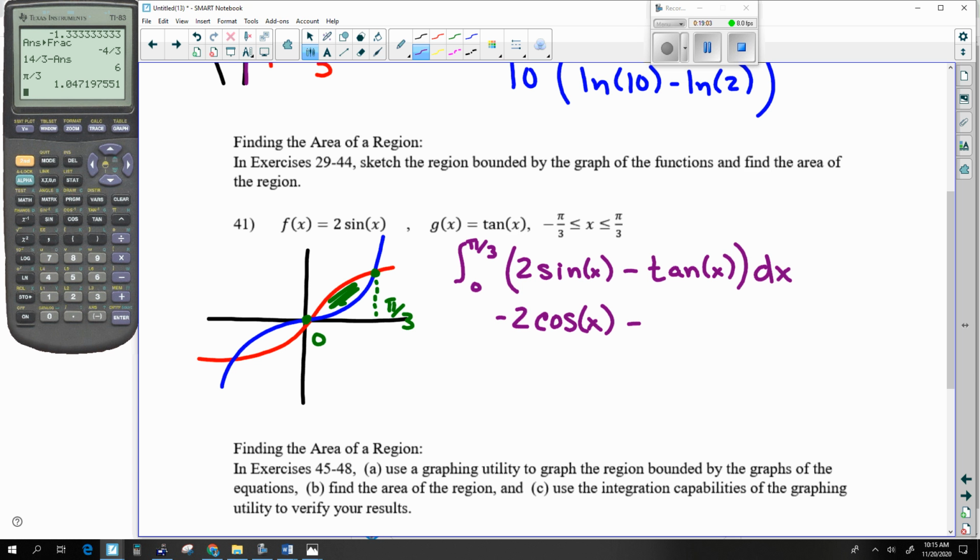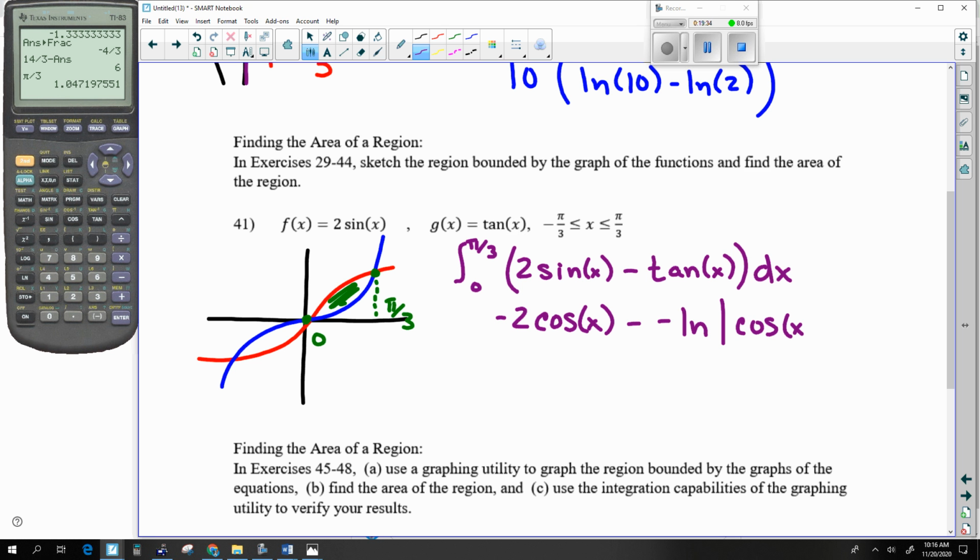Oh, this is one that, yeah. This is where I have to use some of the things from the front of the book. I don't know what the integral of tangent is like, and I don't expect you to either. Yeah, the integral of tangent is something freaking weird. So it is negative ln of absolute value of cosine u.